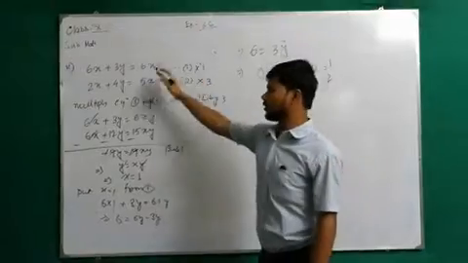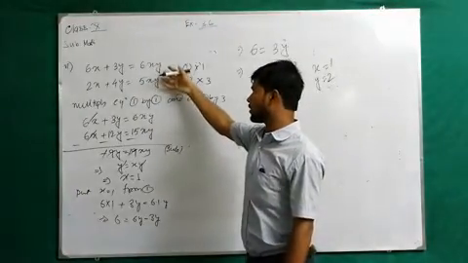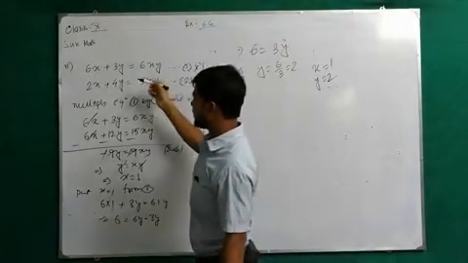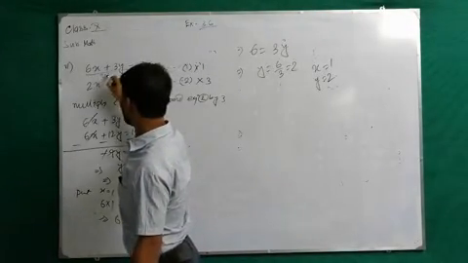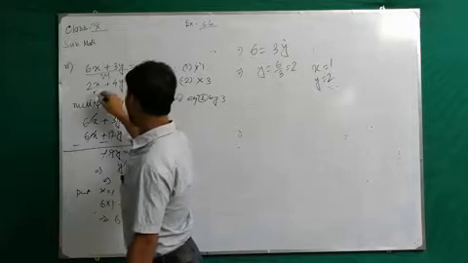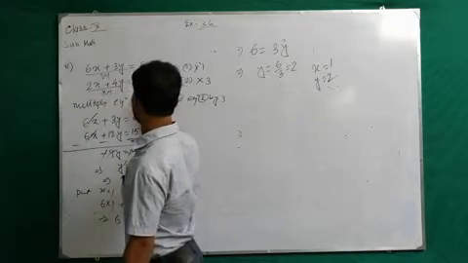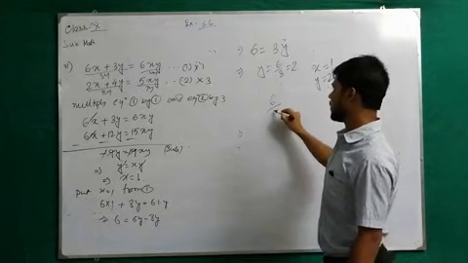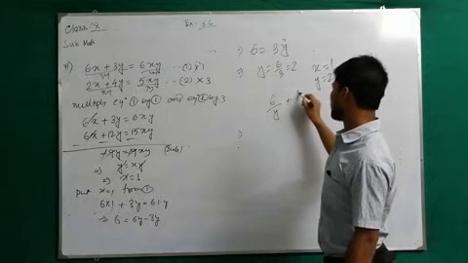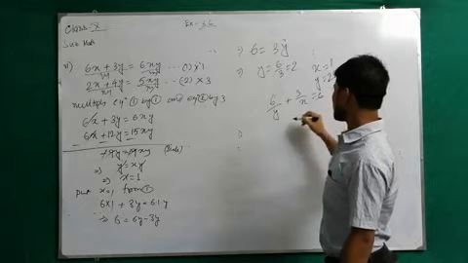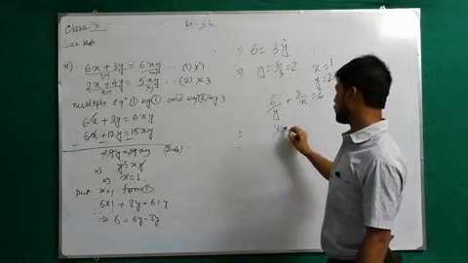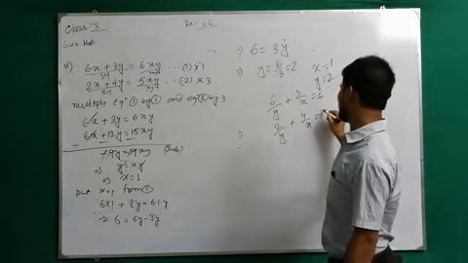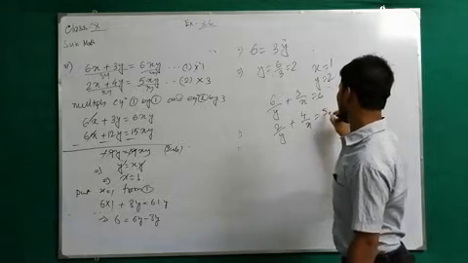Now instead of solving this equation by this method, you can divide the equation by xy, and this one is also divided by xy. So if I divide by xy, then first equation will convert into 6 by y plus 3 by x is equal to 6, and second equation will convert into 2 by y plus 4 by x is equal to 5.